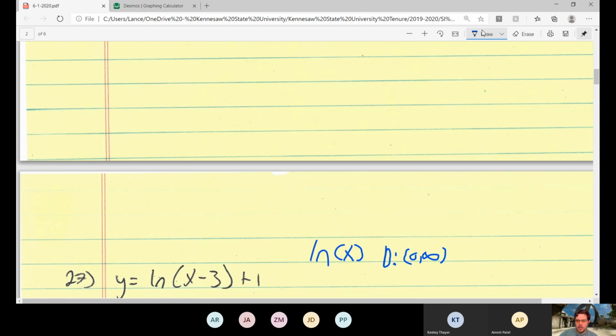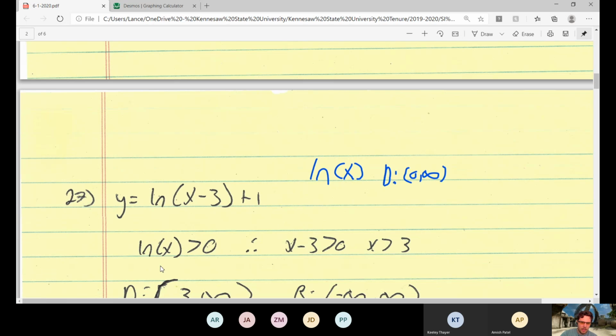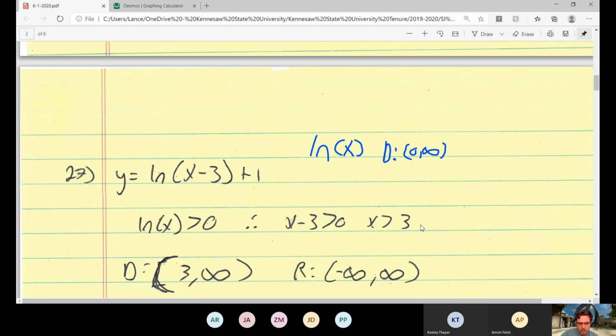Always. So the inside of a natural log can't be less than 0. It's the same concept as the square root. So if you do a natural log of, well, I showed it right here, that has to be greater than 0. So x minus 3 is greater than 0, so x has to be greater than 3.